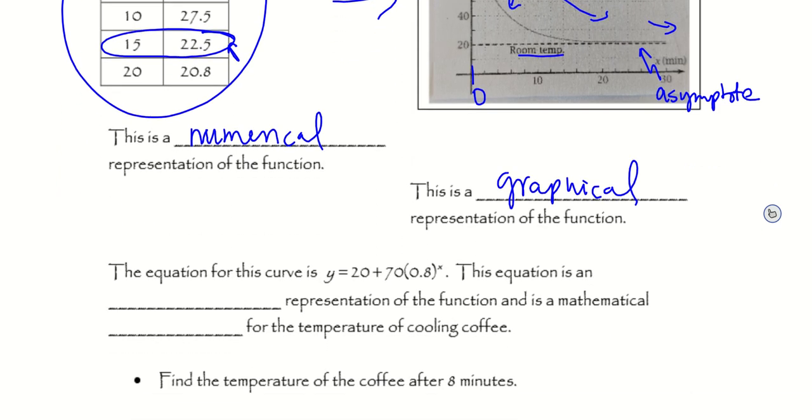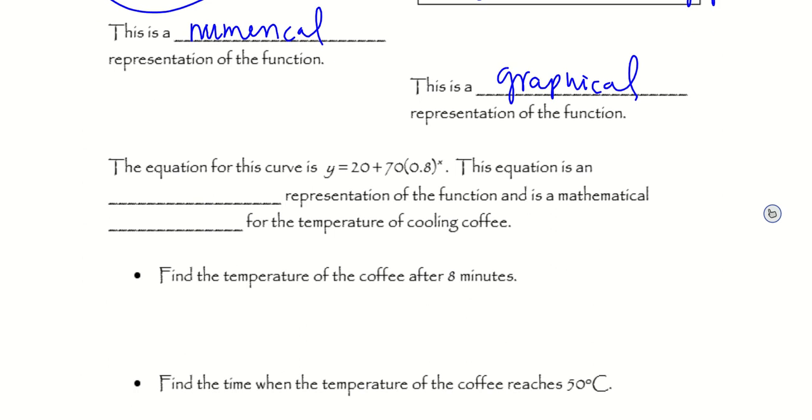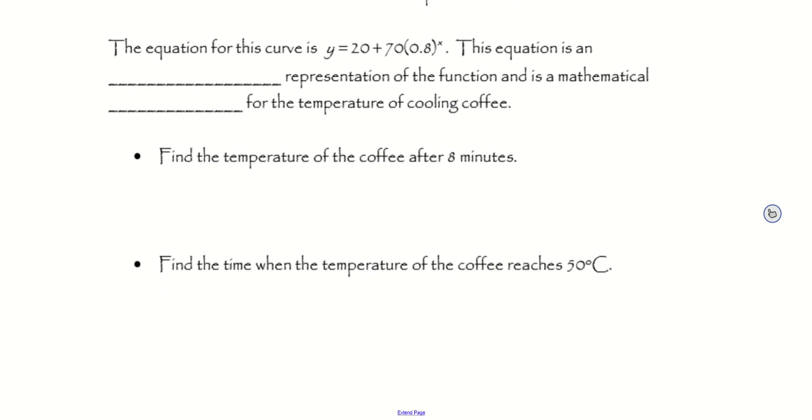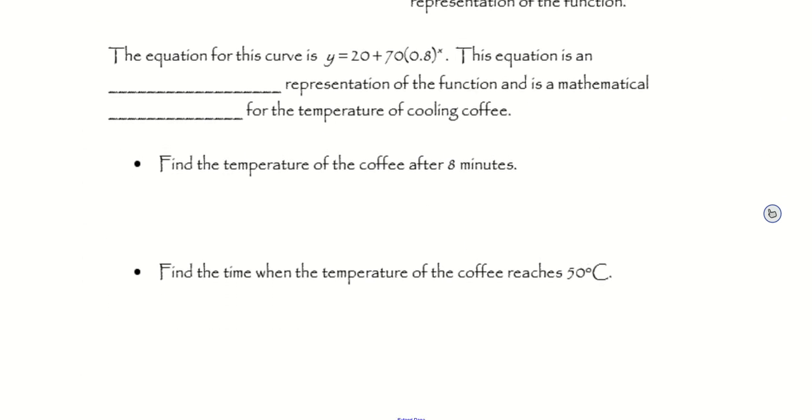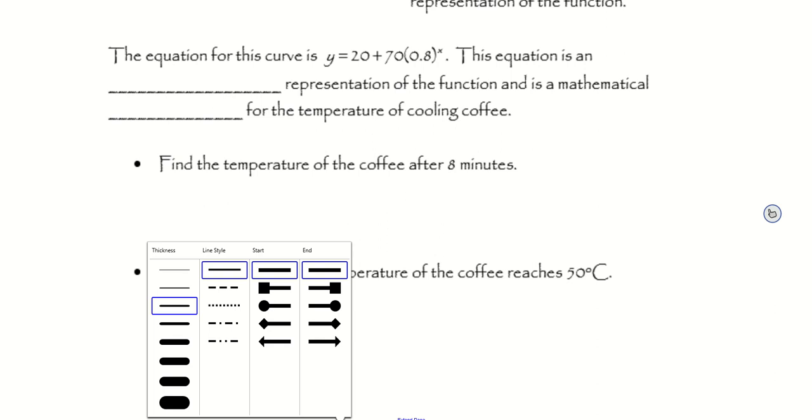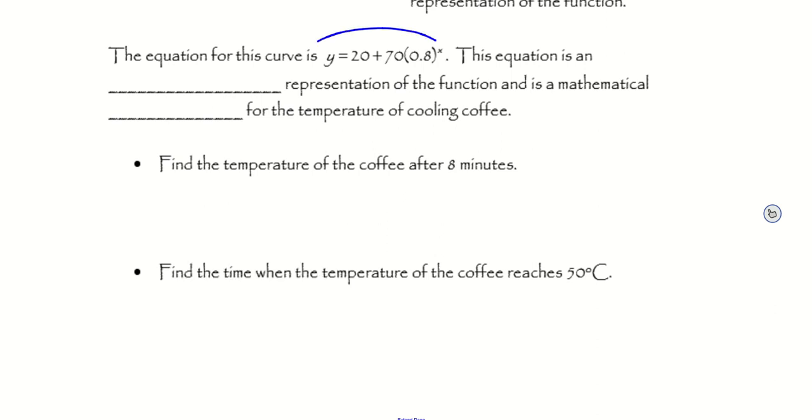The final representation we're going to look at is this. We have here an equation, and this equation is an algebraic representation of our function, and it is a mathematical model for the temperature of the cooling coffee.